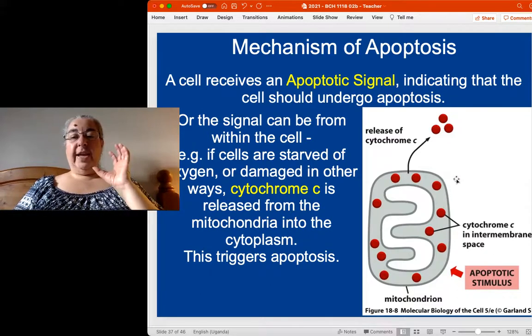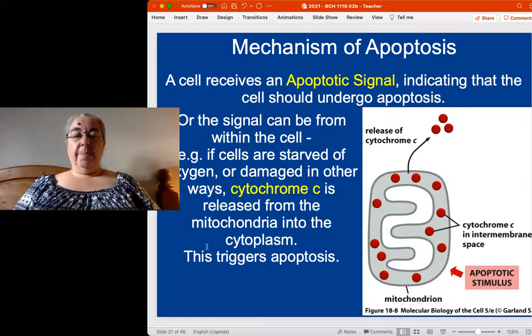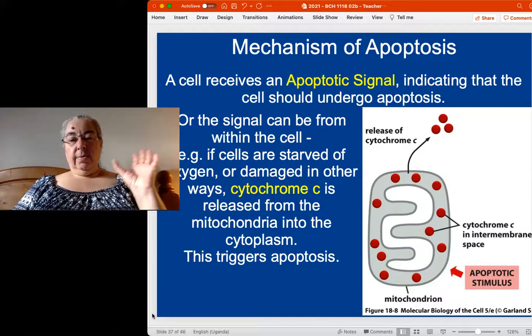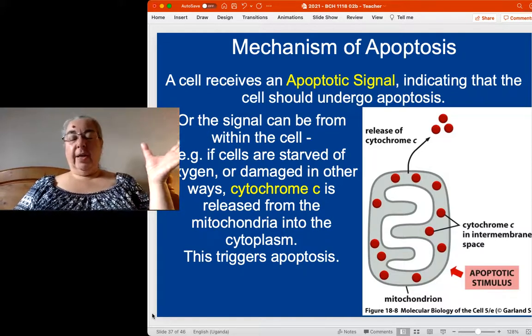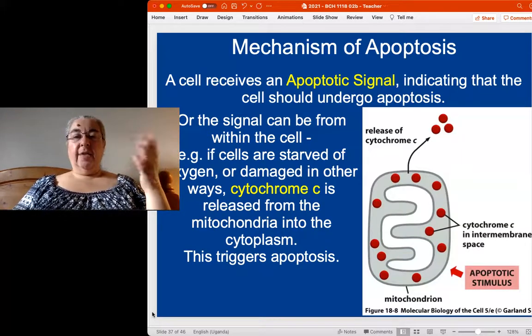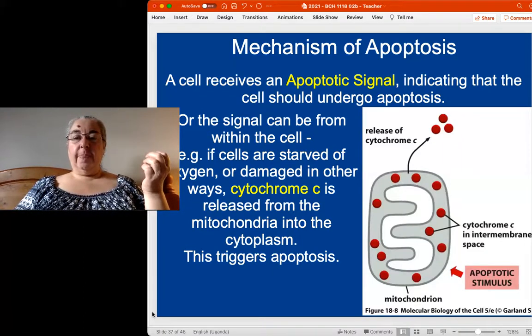So this is called the intrinsic pathway. So a number of different signals all interacting together to tell the cell that it's time to go into apoptosis, that it's time to destroy itself.